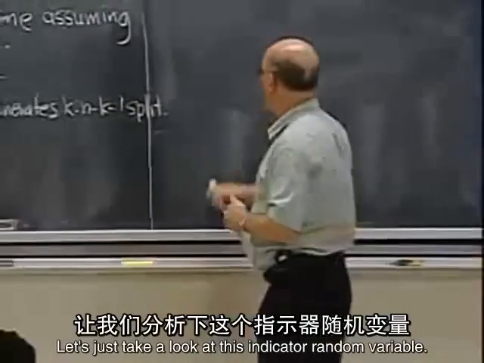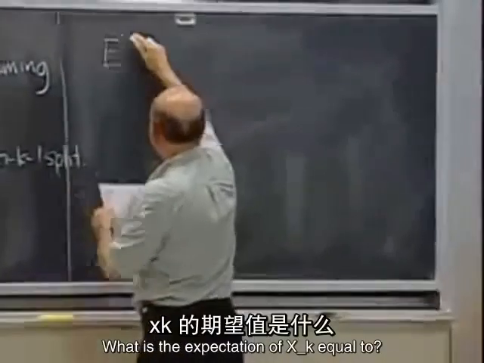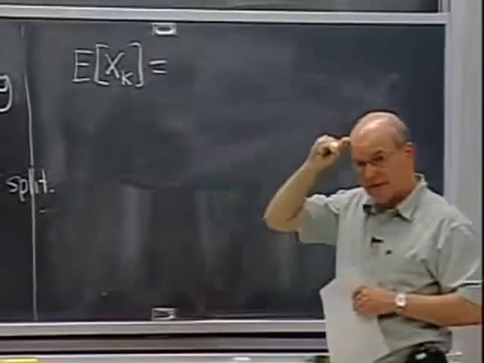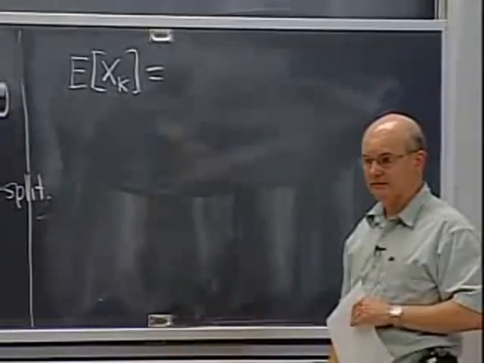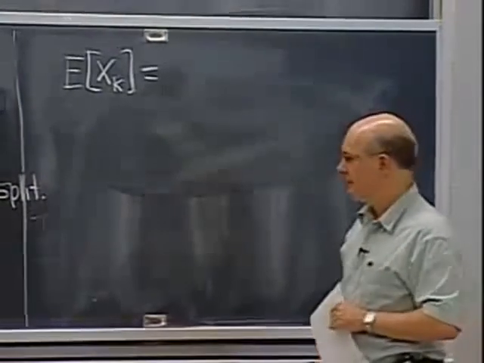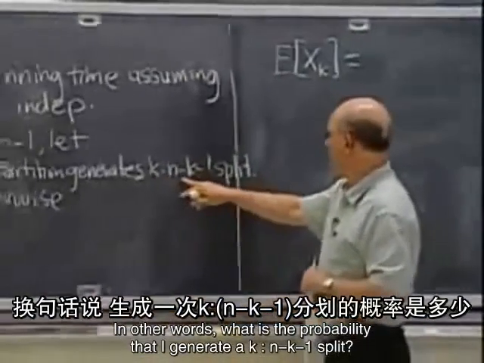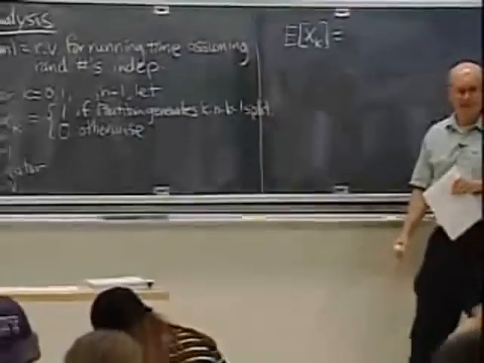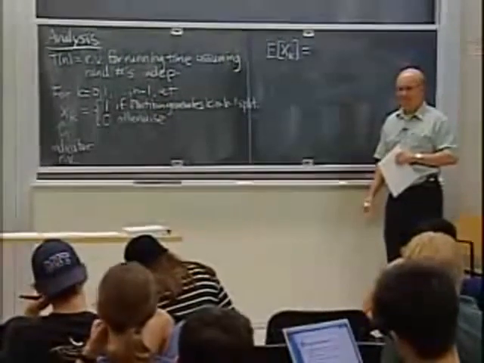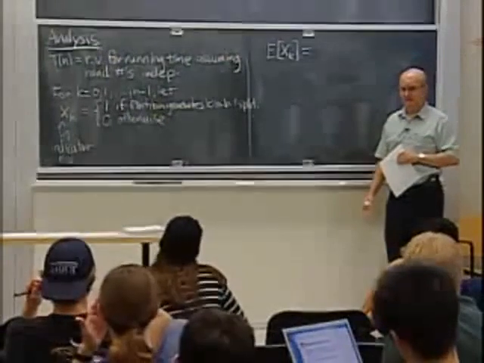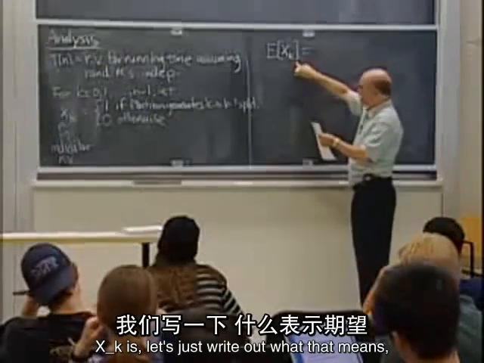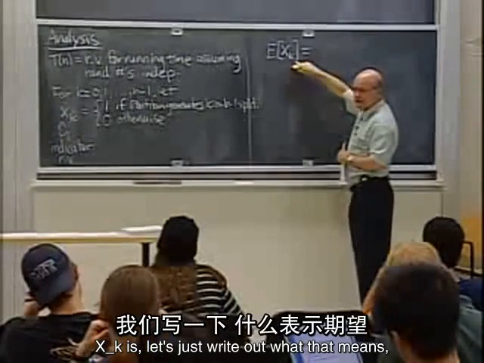So let's just take a look at this indicator random variable. What is the expectation of x sub k equal to? In other words, what is the probability that I generate a k to n minus k minus 1 split? Let's just write out what that means, just to refresh people's memory.